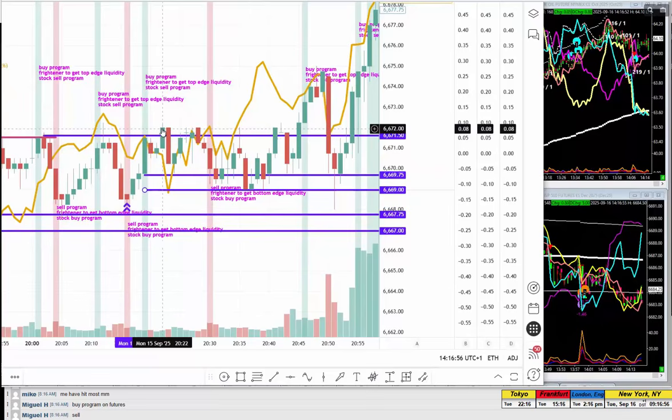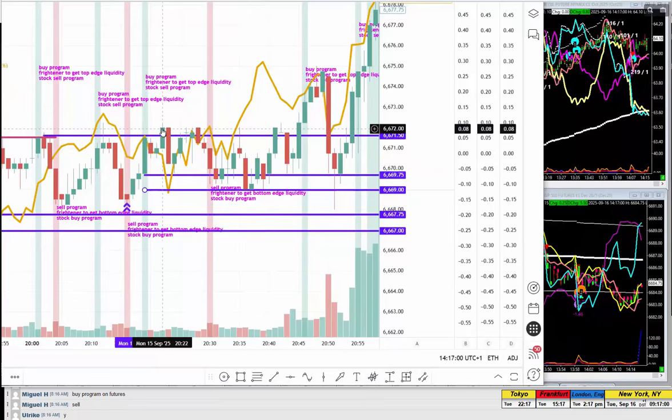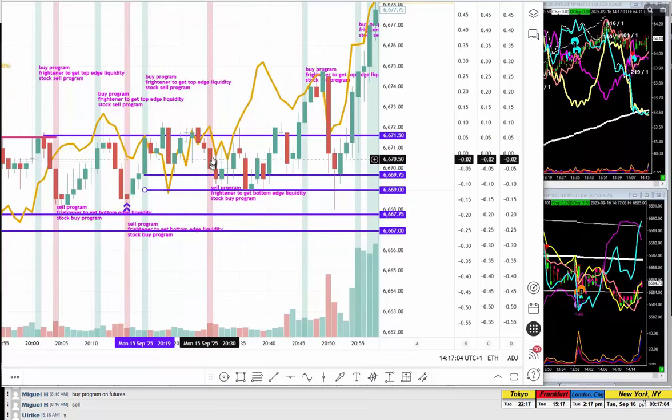If we get a futures buy program, the next thing we would expect to see that we could get a trade from is a stock buy program. What does this look like here? Considering NVIDIA and Apple, Microsoft and Amazon are all going up, what does this look like here?